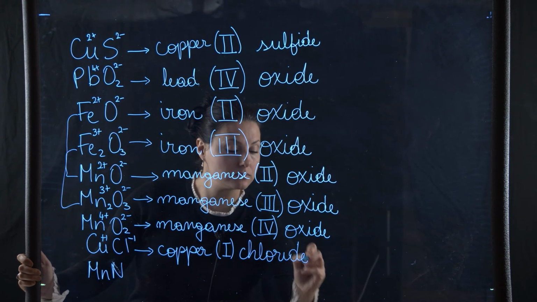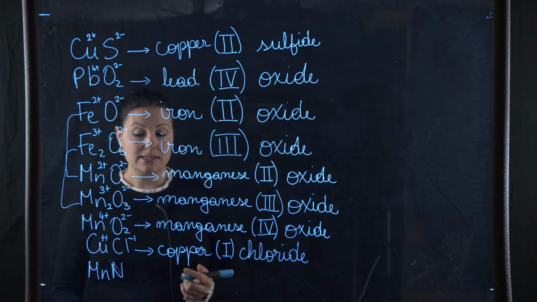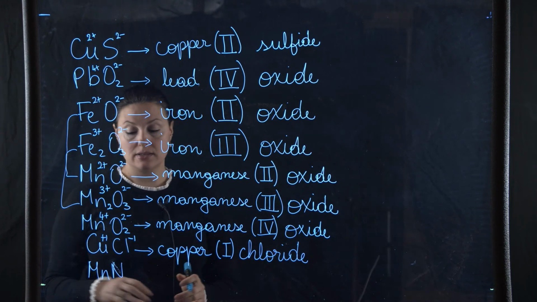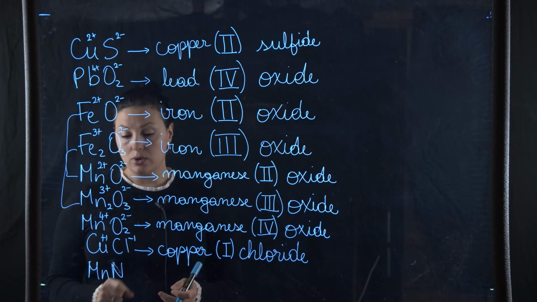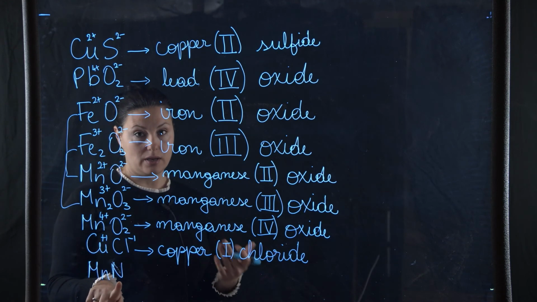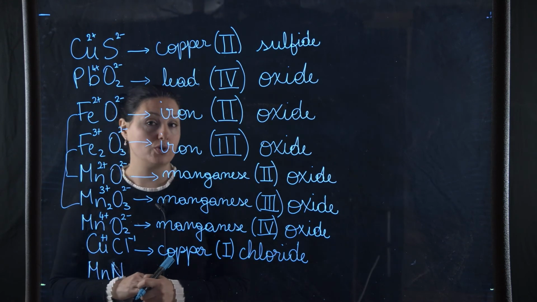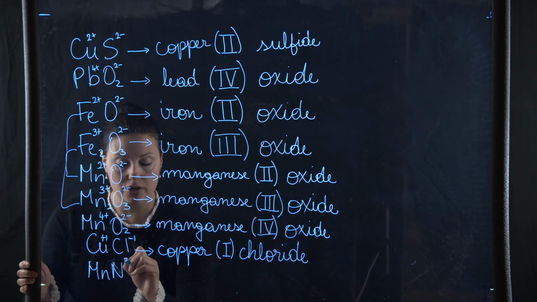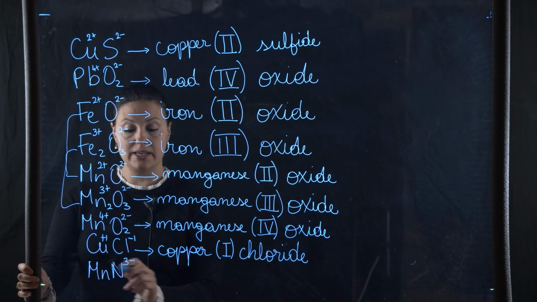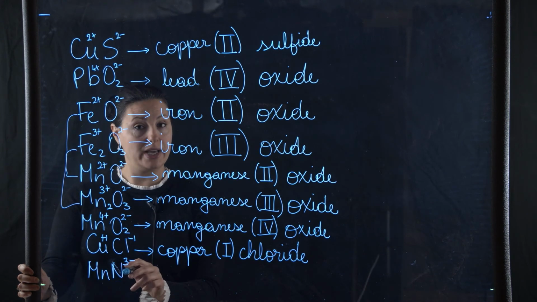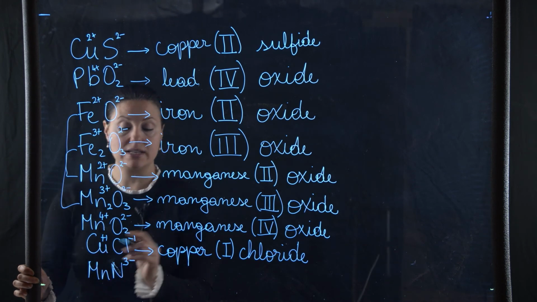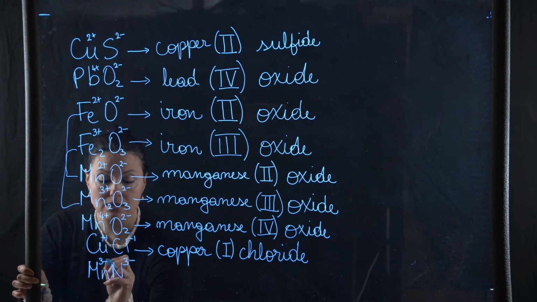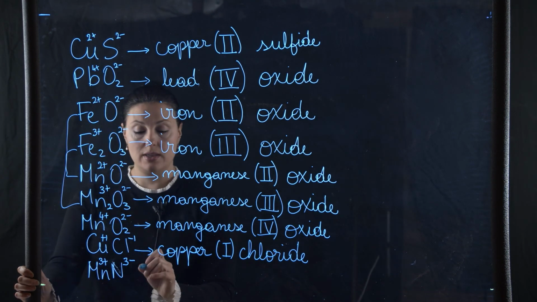And then lastly, when we look at manganese and nitrogen, once again, we look at the anion first. Nitrogen is in group 5, so it will have a 3- charge. Because we have a 1-to-1 ratio here, all of my negative charge comes from one nitrogen and all of the positive charge comes from the manganese, and therefore the manganese will have to have a 3+ charge to balance that of the nitrogen.